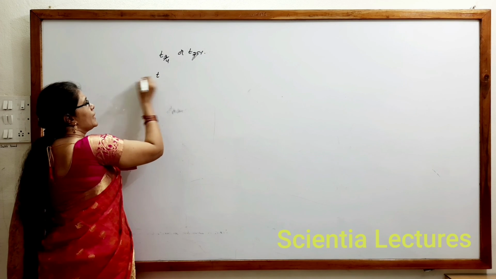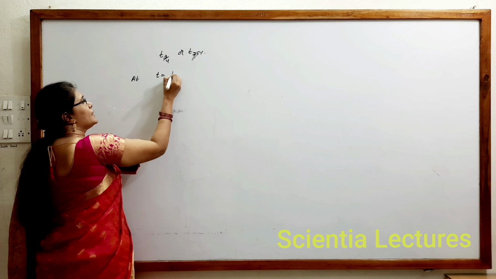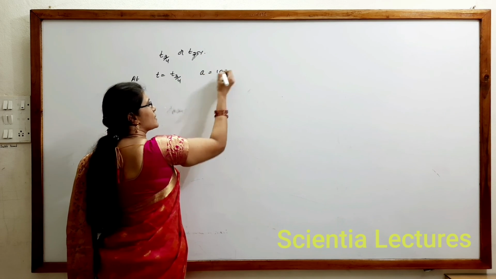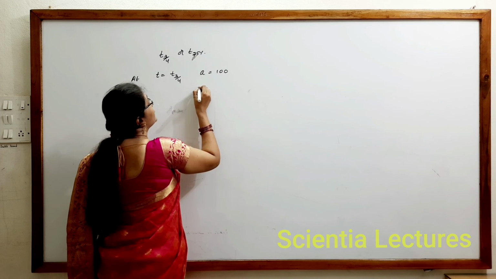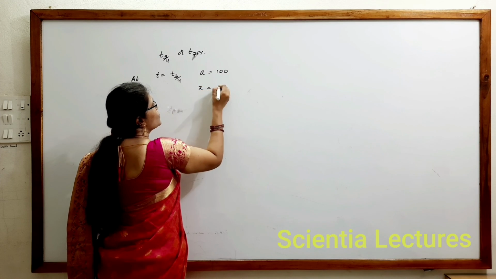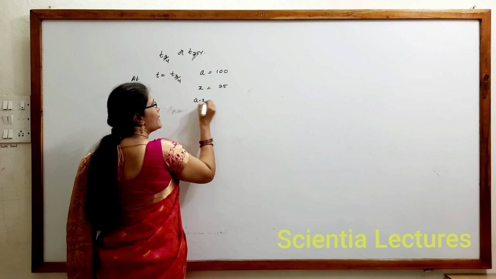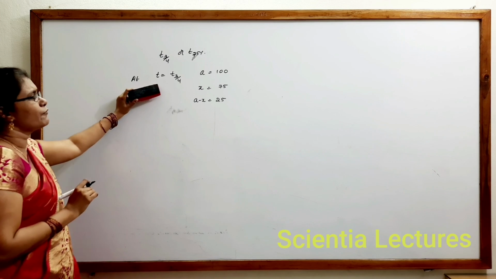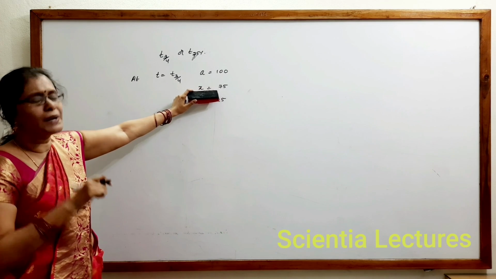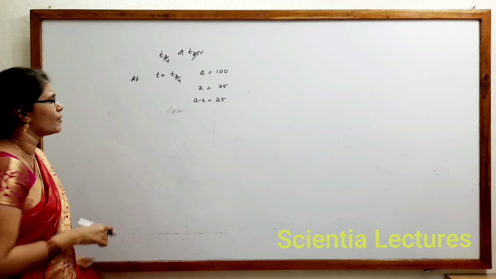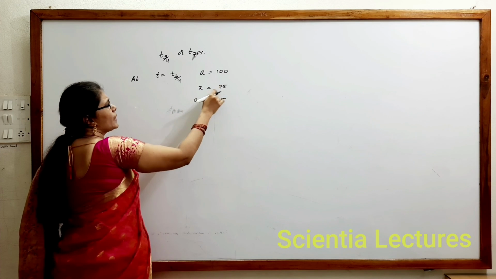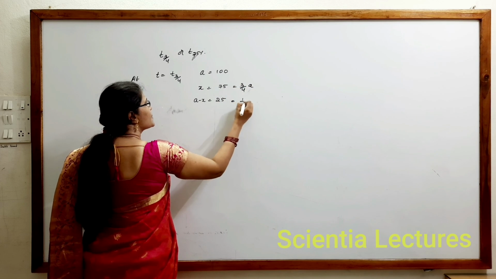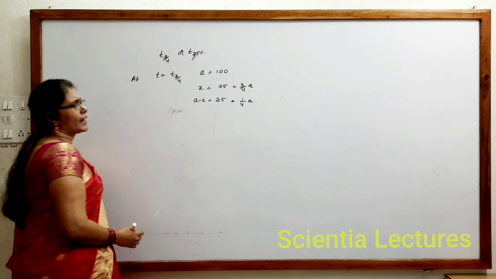For example, at T equal to T 3 by 4, if A is equal to initial concentration, let us assume it as 100, then x would be equal to 75, and A minus x would be equal to 25, because at T equal to T 3 by 4, the reacted amount is 75%. Means if A is 100, this is 75. Or else, you can take x equal to 3 by 4th of A, and A minus x becomes 1 by 4th of A. You can write it anyway.